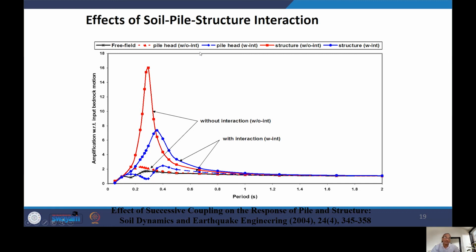Same thing is for the pile head, the response at the pile head. So this was the response without interaction, and this was with interaction. So in general, as we discussed in SSI also, the interaction effect which you consider decreases the amplification factor of the response of the system. This has also been already published in Soil Dynamics and Earthquake Engineering.